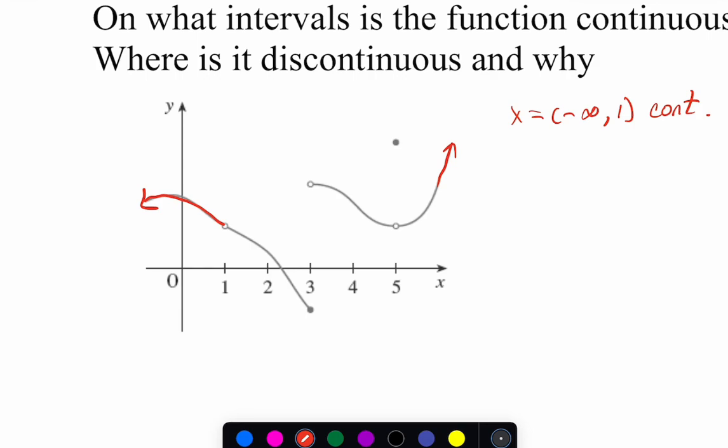Everything up to 1. You'll notice that I have a parenthesis on the 1 because 1 is going to be an issue. Then from an x value of 1 to an x value of 3, it is continuous.